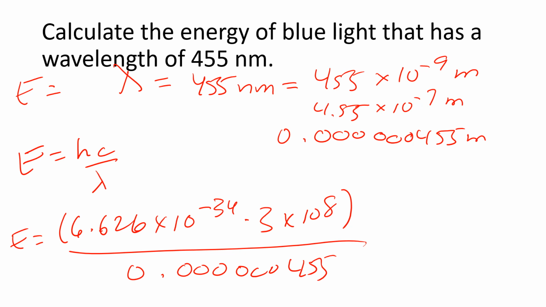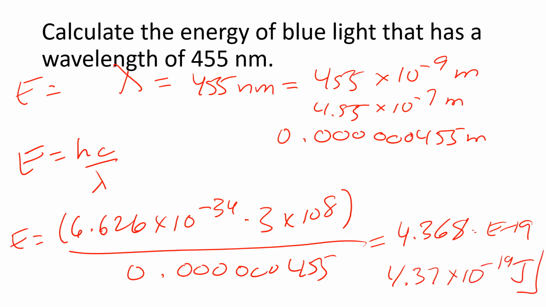This equals 4.368 something, e negative 19. So 4.37 times 10 to the negative 19 joules.